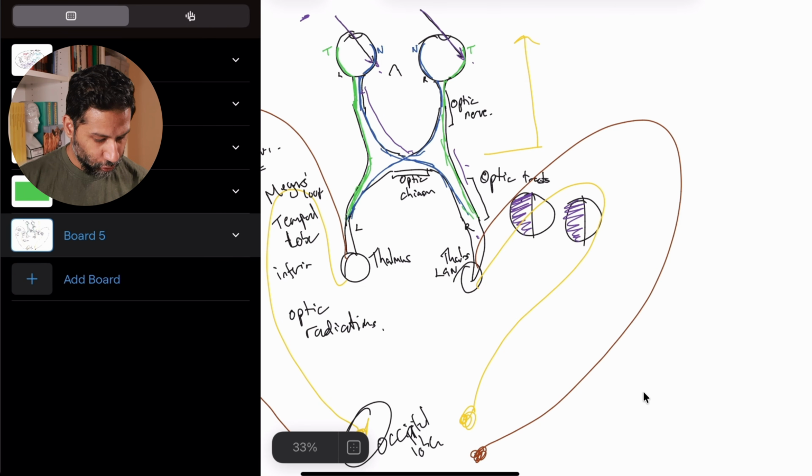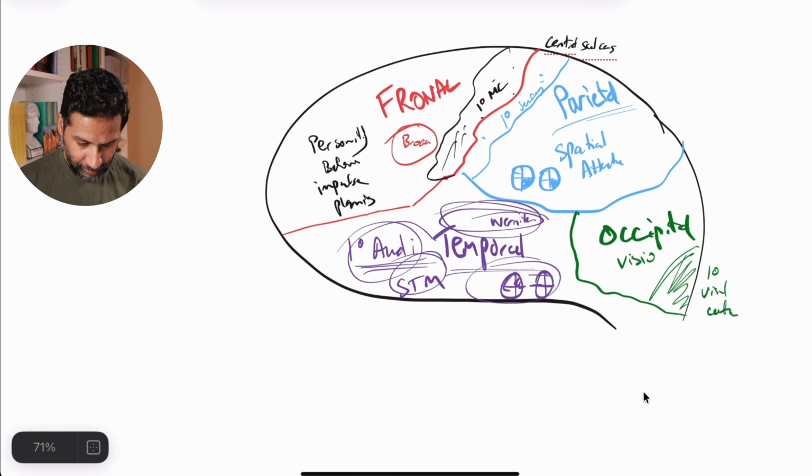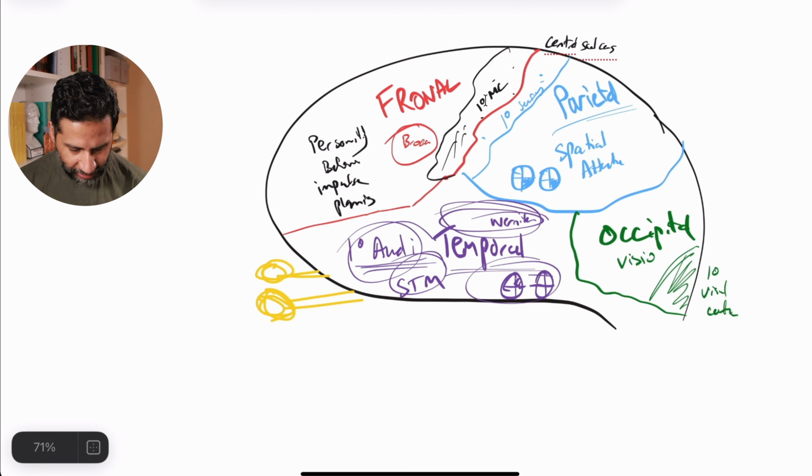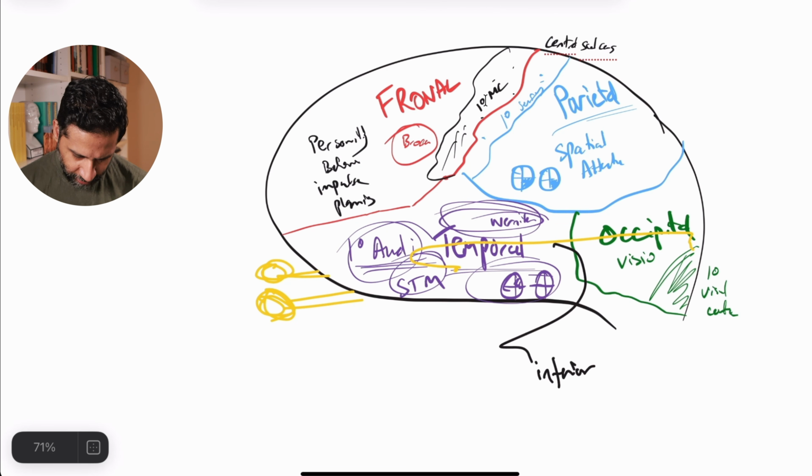I want to draw this on our initial schema here, and let's use yellow. Your eyes might be here, taking this information back to your brain. As they get to the thalamus, which is in the central region here, we then have fibers making their way forward and then back to the occipital lobe. They're going to be our inferior radiations.